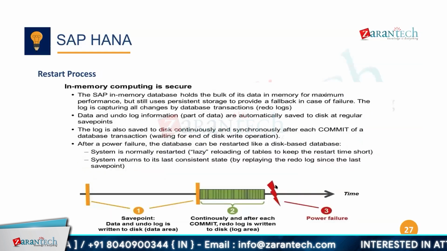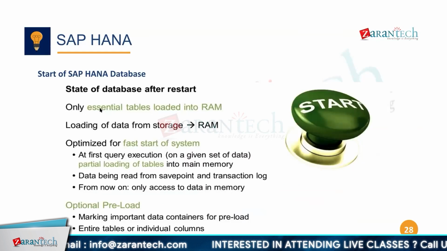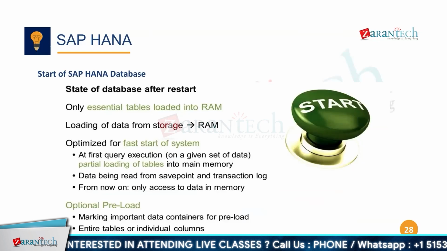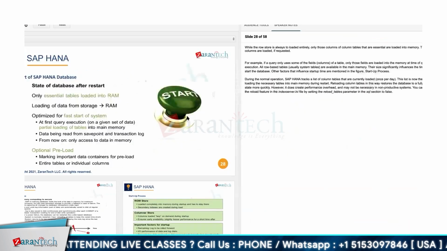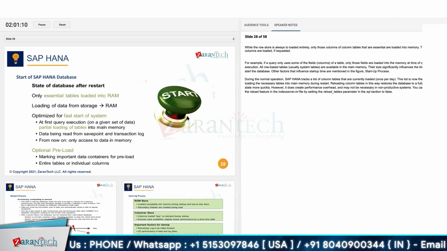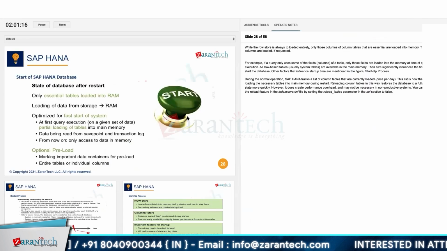So start off SAP HANA database. Okay, so now the most important and powerful question which I will ask you is, my database is of the size 2 terabytes. You have in the disks 2 terabytes of data. So everything is in the RAM.